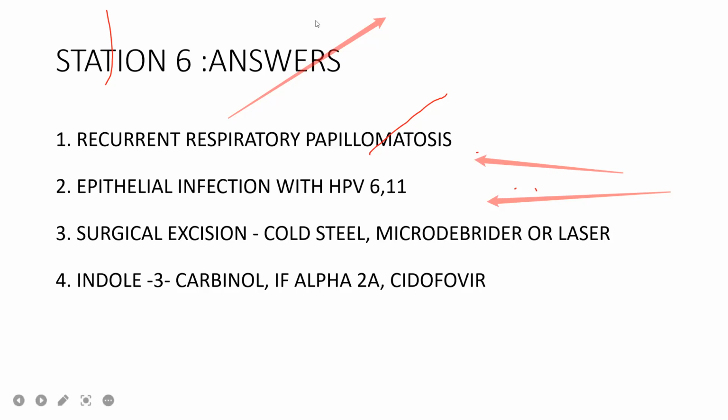Human papillomavirus 6 and 11 is commonly associated with benign conditions. And in the present era, for HPV positive oropharyngeal carcinoma and all, it is 16 and 18. You should know what types are responsible for the benign lesions and what types are responsible for the malignant lesions.